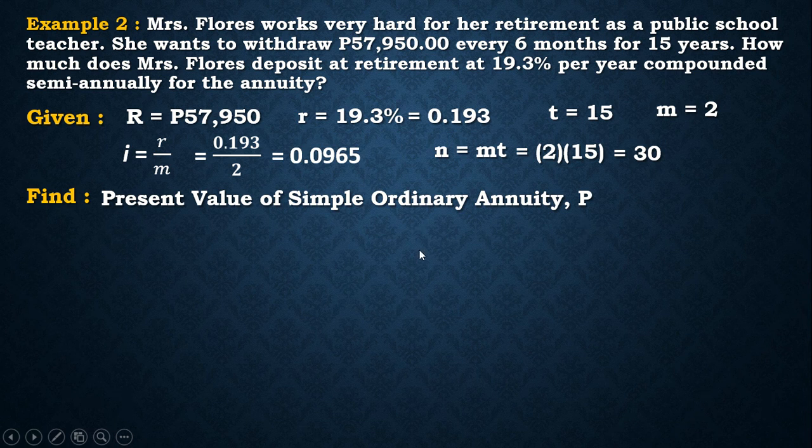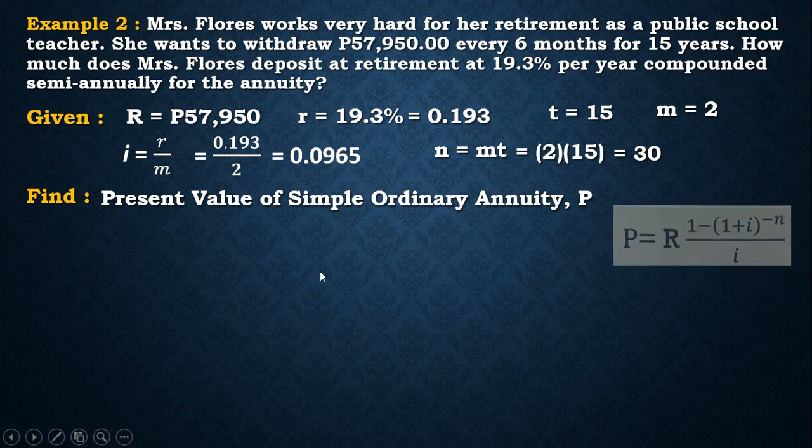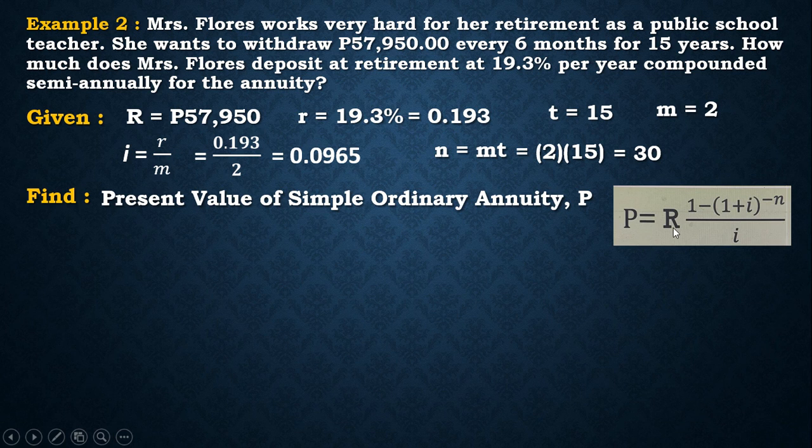Okay? So we have the formula. P is equal to R multiplied by 1 minus the quantity of (1 plus i) raised to negative n, divided by i. Again, yung 1 po ay hindi dapat binabago. Yung n po natin ay magiging negative, yung exponent po natin. Makikita po natin mamaya sa calculator yan.